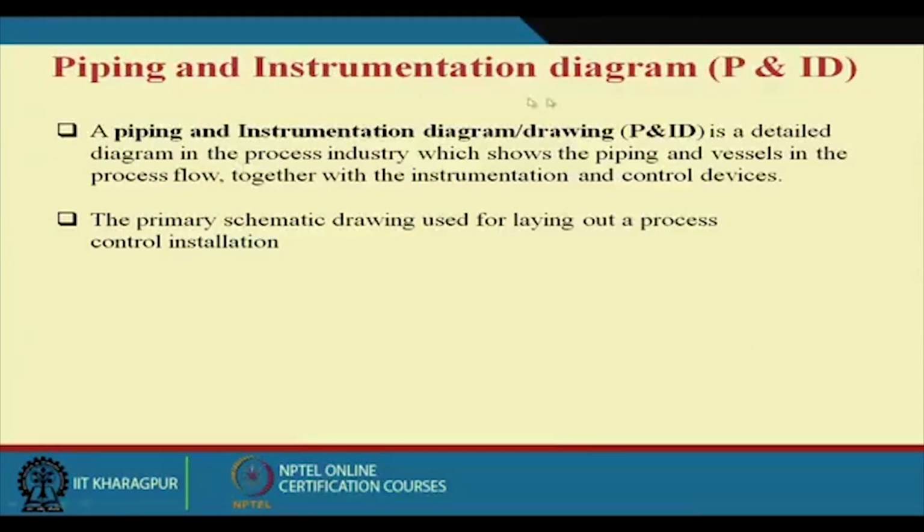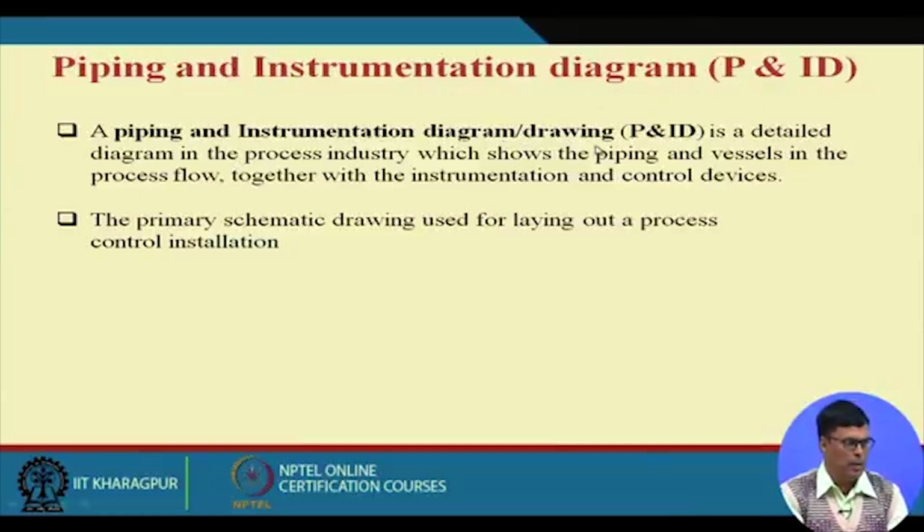Now, the piping and instrumentation diagram. A piping and instrumentation diagram and drawing is a detailed diagram in the process industry that shows the piping and vessels in the process flow, together with the instrumentation and control devices. This piping and instrumentation diagram is usually located in the control room of any fermentation industry.